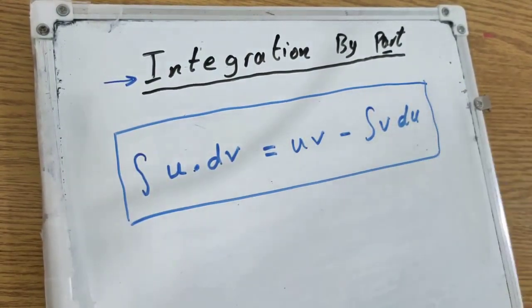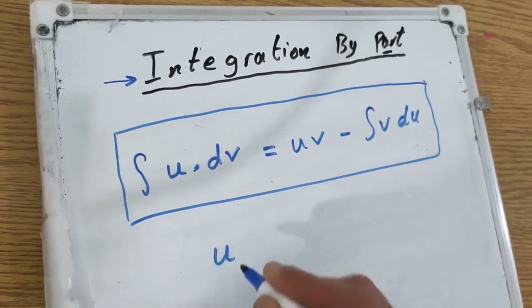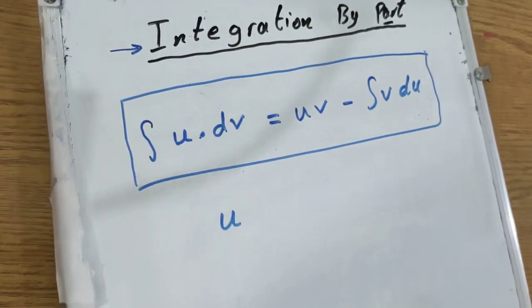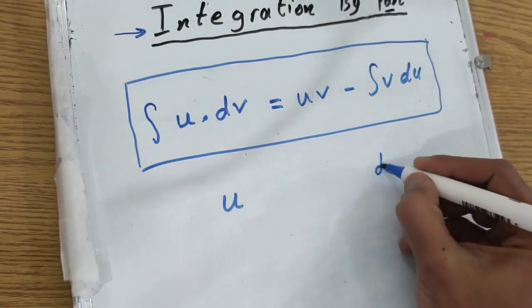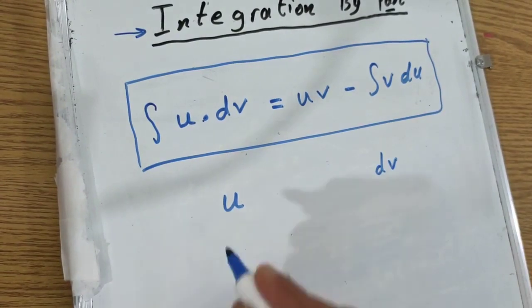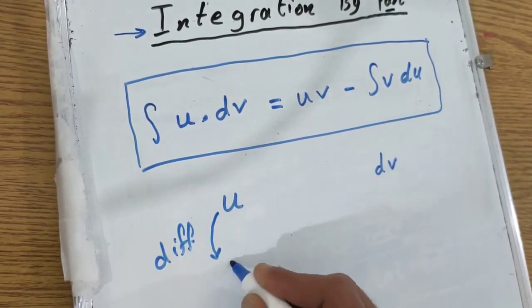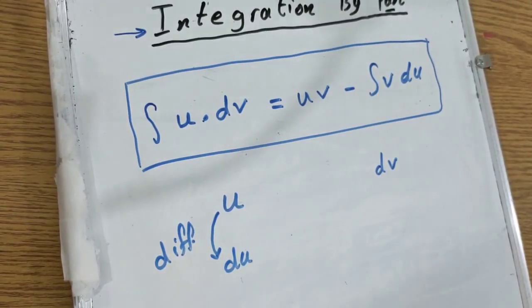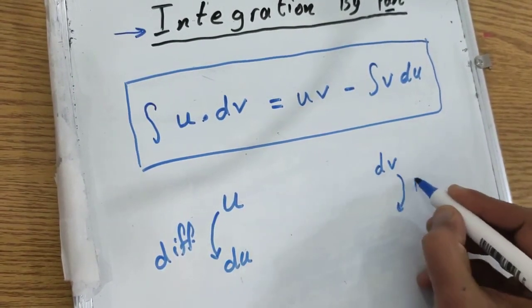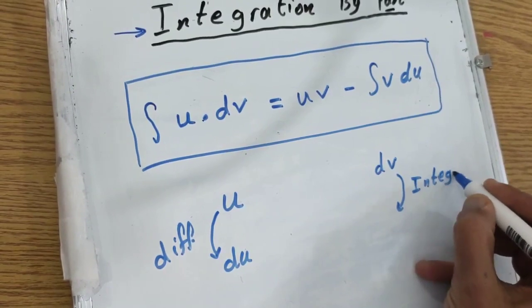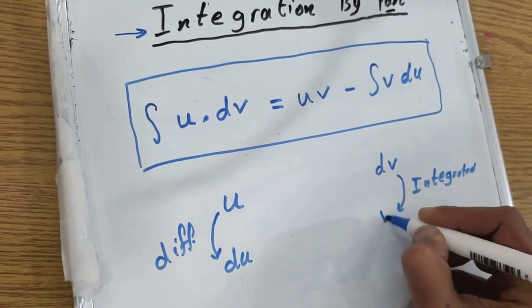To memorize this rule, we can say that we have the first function, which is named u, and the second function, which is named dv. The first function is differentiated to get its differential du, and the second function is integrated to calculate v.